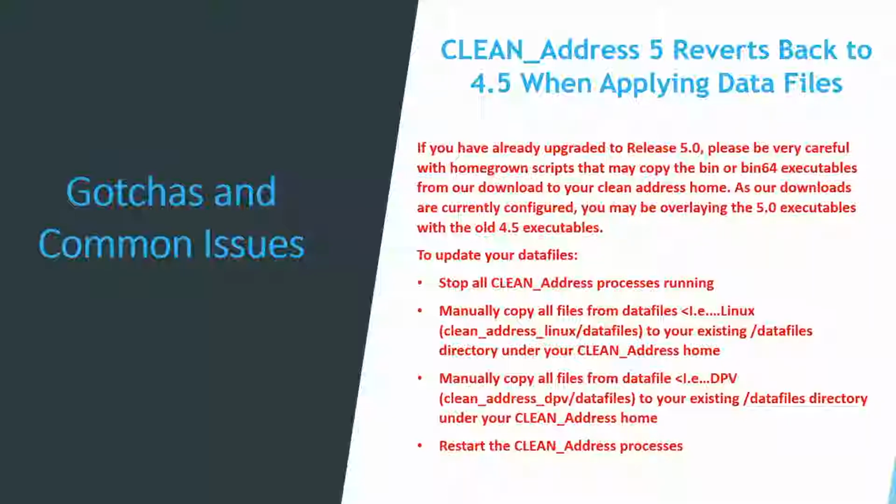The same thing for the DPV. You just want to copy the data files over and then restart the CleanAddress daemon. Otherwise, you will be reverting back to 4.5, which defeats the purpose of what you're trying to do. So you want to move forward, not backward.